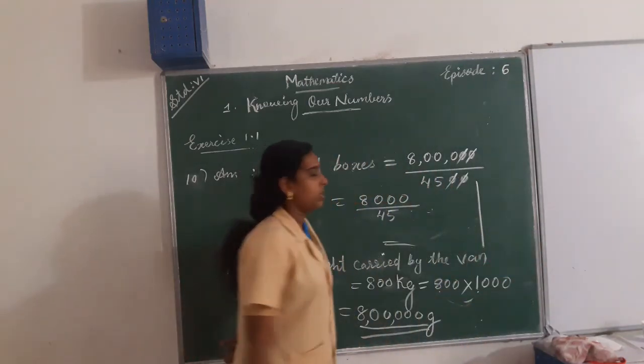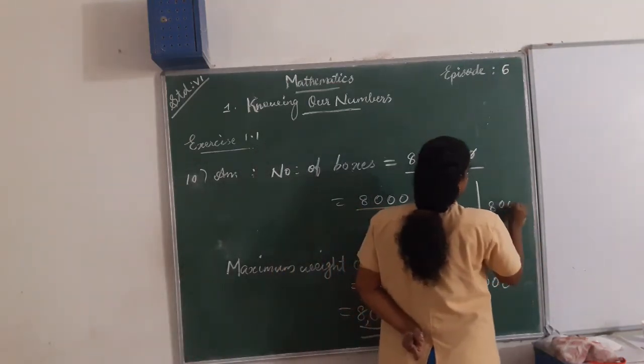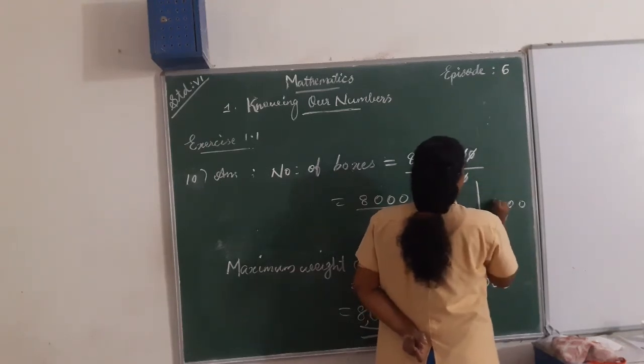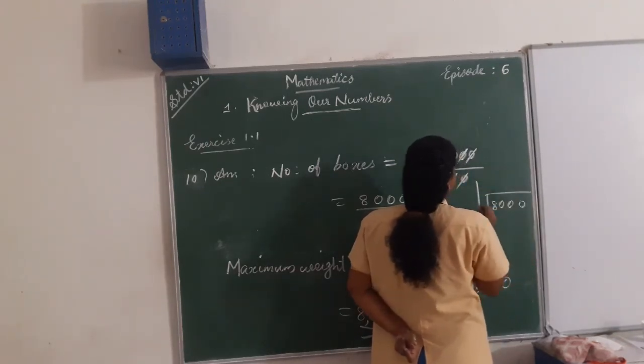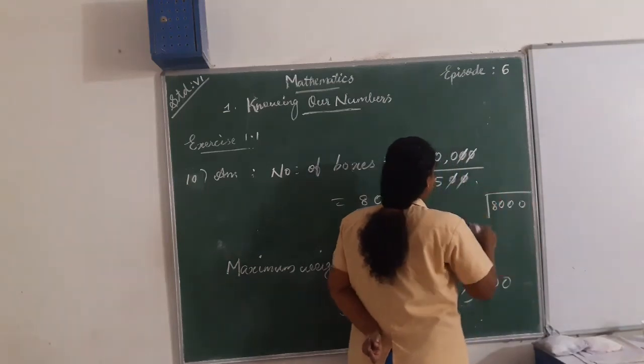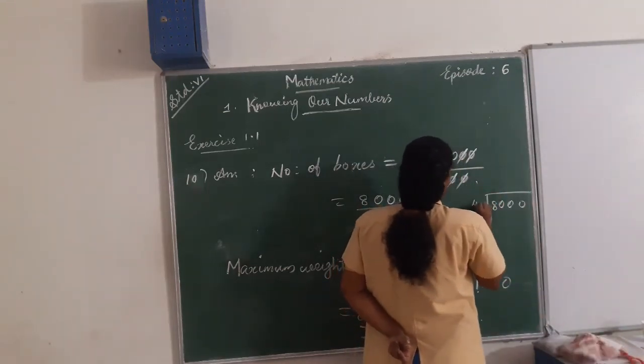Here we divide the following: 8,000 divided by 45.